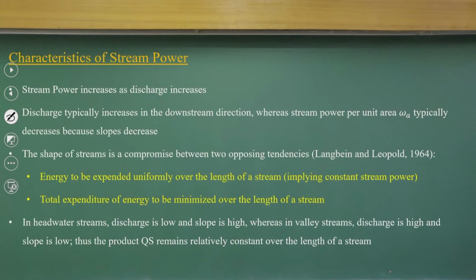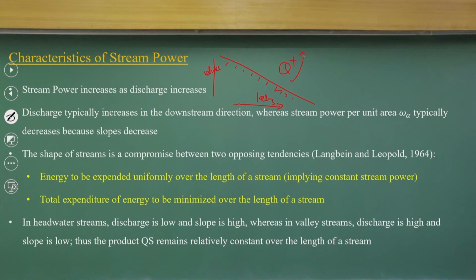Now, if you look at what actually happens in a river, take a longitudinal profile, where this is the length and this is the elevation. As we go more downstream, we expect that discharge will increase.